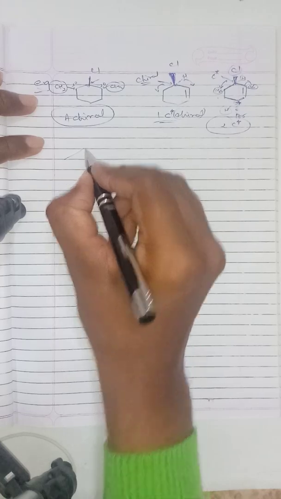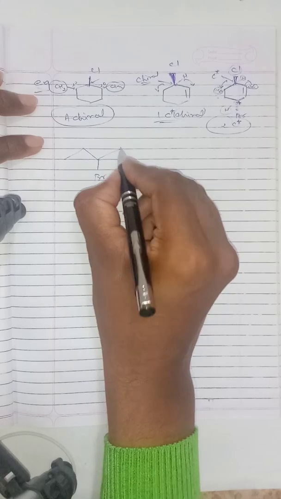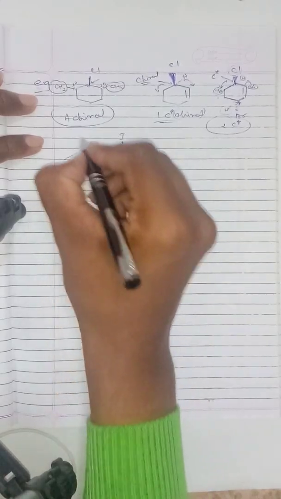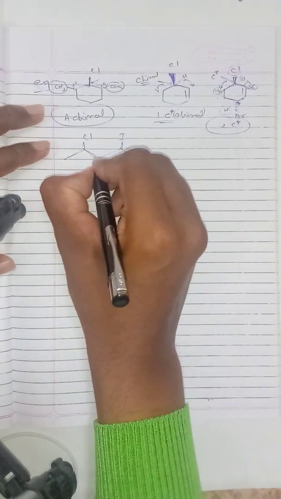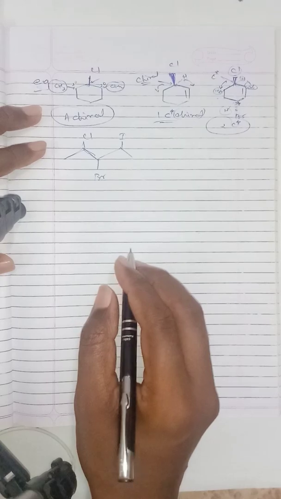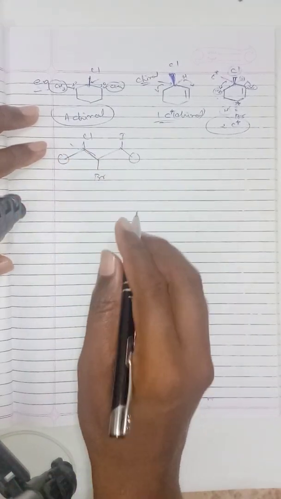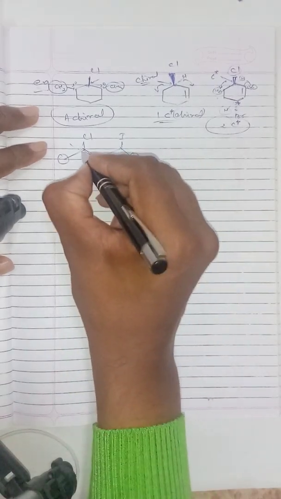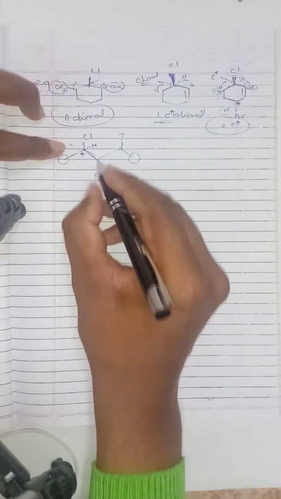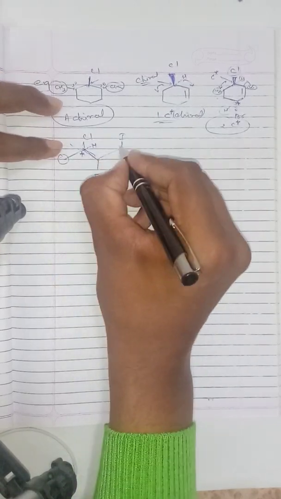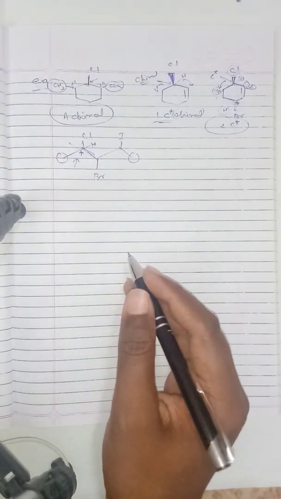Now let's see here. In this case, this is not a chiral center, this is not a chiral center. This is a chiral center because one hydrogen atom is attached here. This is also not a chiral carbon, so it is said to be only one chiral carbon.